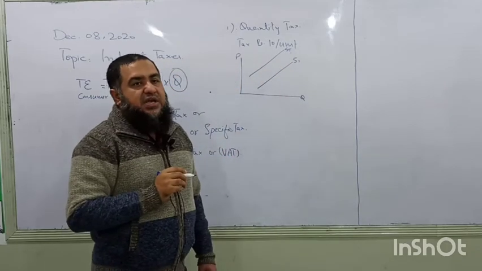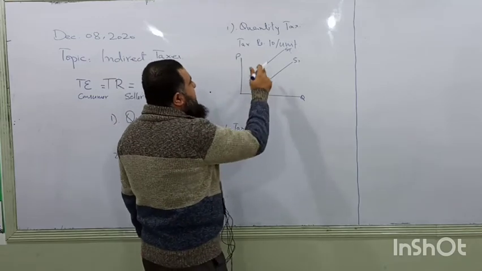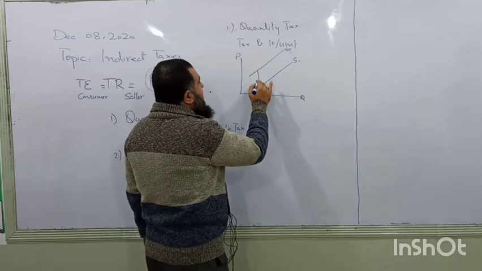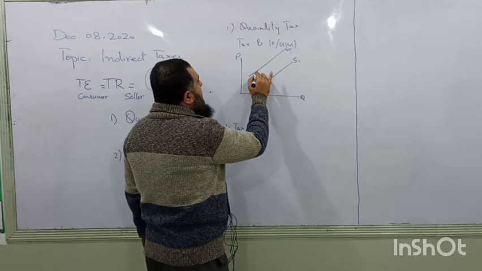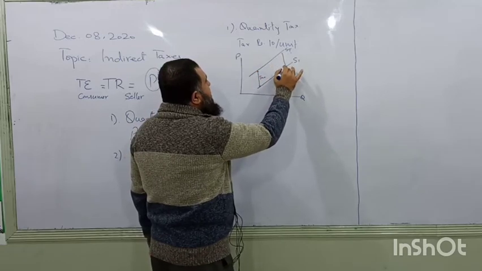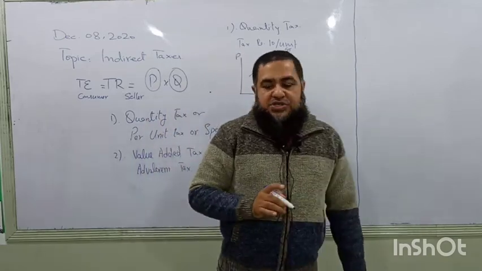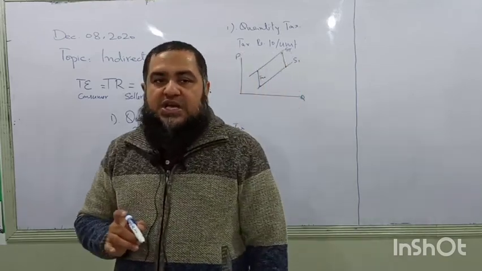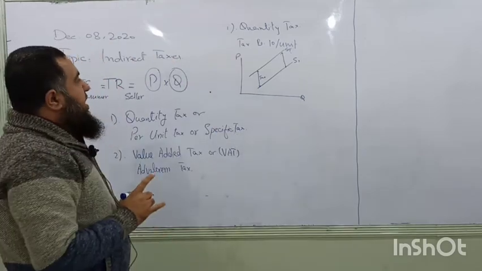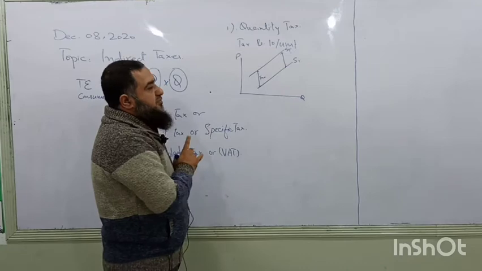The gap between these two supply curves is the amount of the tax. You can see this is a parallel leftward shift due to the imposition of a tax. So whenever the quantity tax is imposed, there will be a parallel leftward shift.